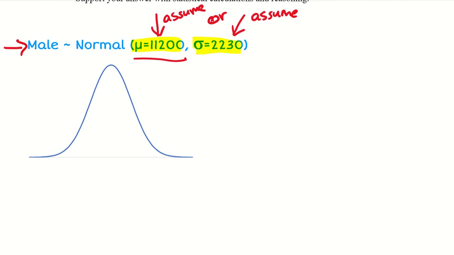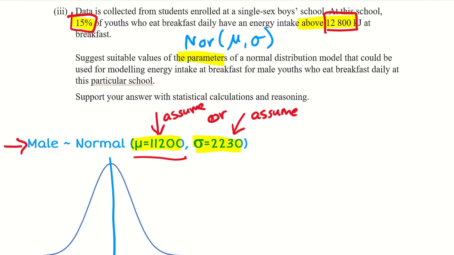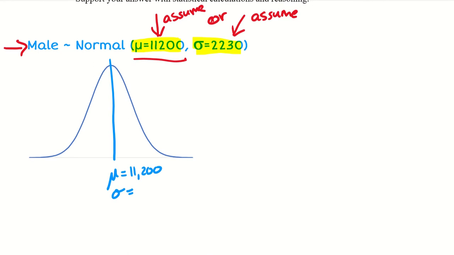So I am going to assume my mean is 11,200. I do not know what the standard deviation is. That's what I need to work out. But I have been told 15% are above 12,800 kilojoules. So here's my 12,800, and the percentage above that is 15%.